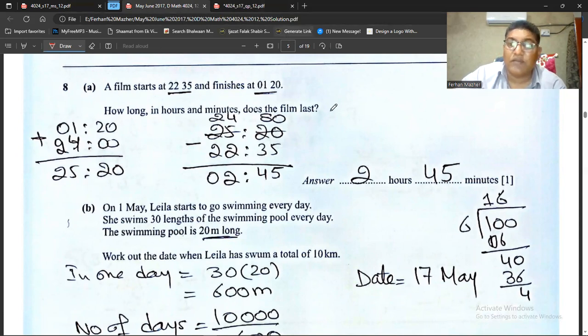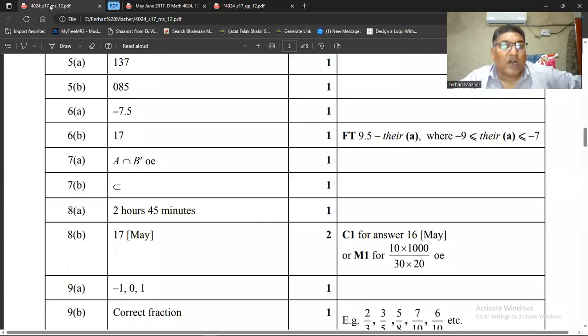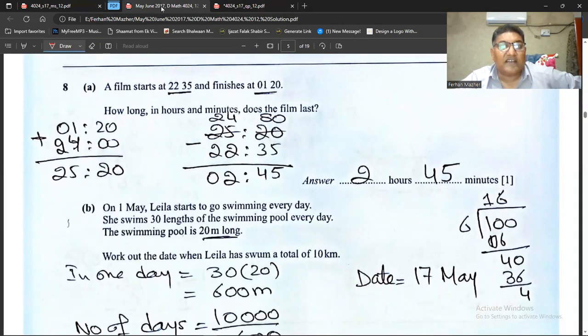When 1 hour is added here, it becomes 60 minutes. So 20 plus 60 minutes becomes 80 minutes, and here you are left with 24 hours. From 80 minutes, subtract 35 minutes, you get 45 minutes. From 24 hours, subtract 22 hours, you get 2 hours. So the film lasted for 2 hours and 45 minutes. That is the right answer.